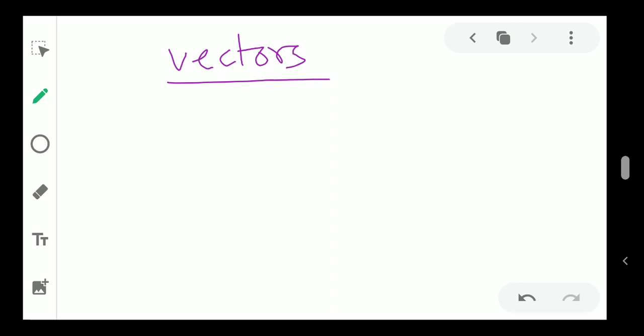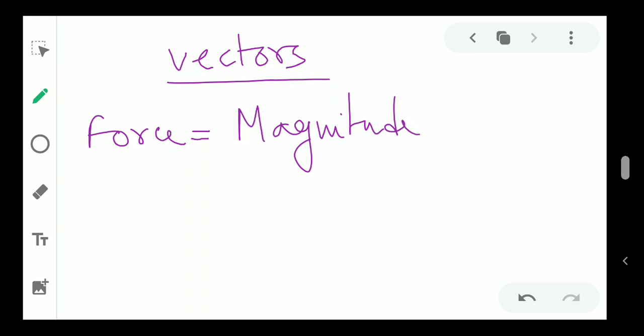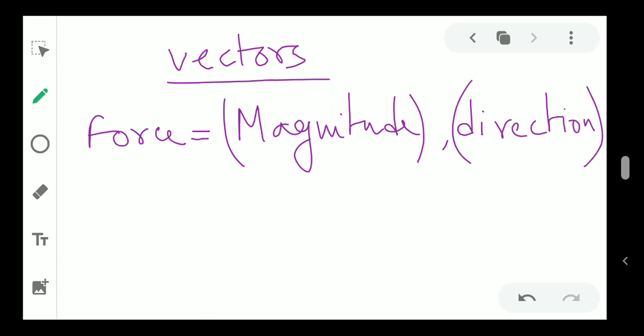So as we have said, force should have two components. One is its magnitude, to understand its strength, and the other is the direction. So the magnitude and the direction. How can these two things be integrated with each other?